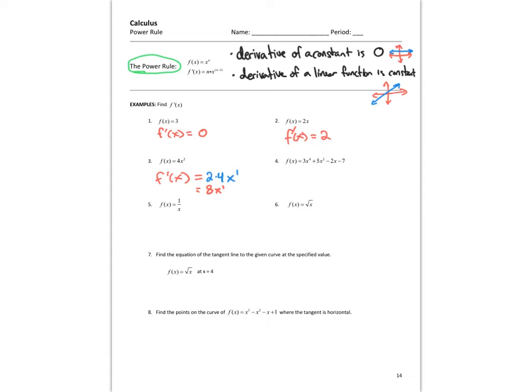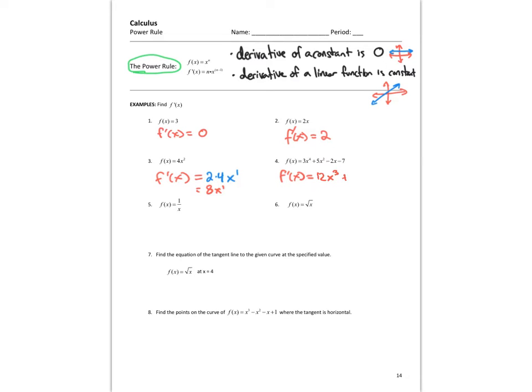All right, look at number 4. It's got a bunch of terms. The great part about the power rule is we can do it one term at a time. So as I take the derivative, if I'm trying to find f prime of x, one term at a time, I do the power rule. For the first term here, I take that 4 and bring it in front. 4 times 3 would be 12x, and then I subtract 1 from the exponent, to the third.